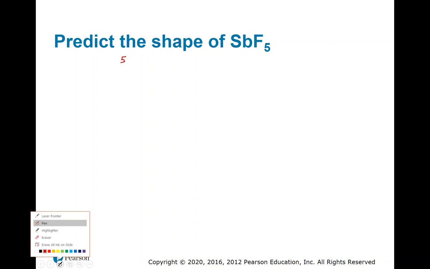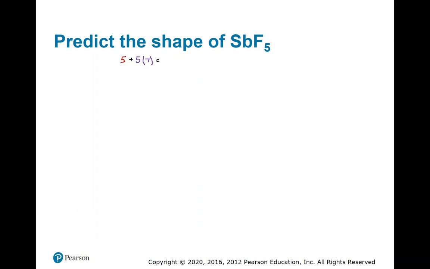Fluorine is a halogen, so it has 7 valence electrons, and there are 5 fluorine atoms. So we have 5 atoms times 7 electrons each, and it's neutral, so we don't need to add or subtract any electrons.